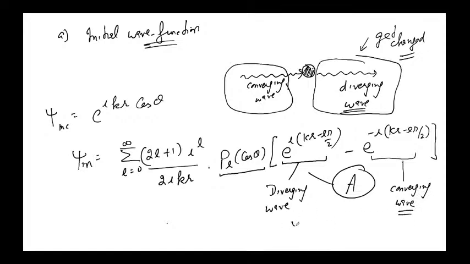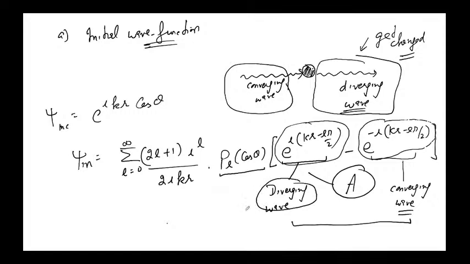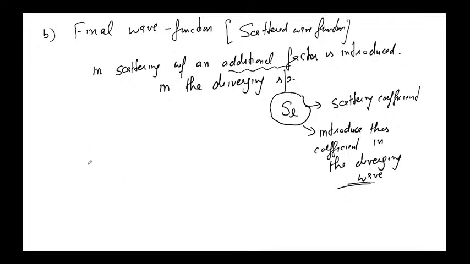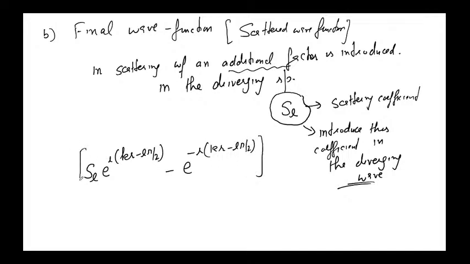So that is our total spherical wave solution. So we will introduce a factor of SL in this diverging wave solution. So it becomes SL exponential of i(kr minus L pi by 2) minus exponential of minus i(kr minus L pi by 2). The rest of the terms will be the same.